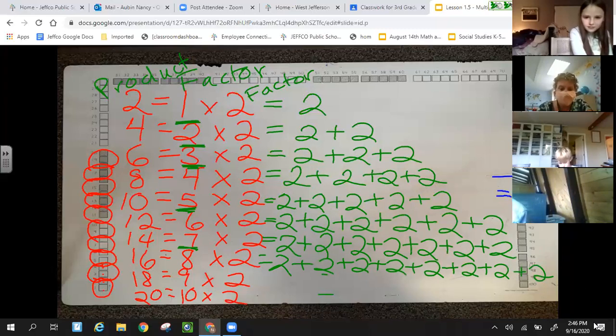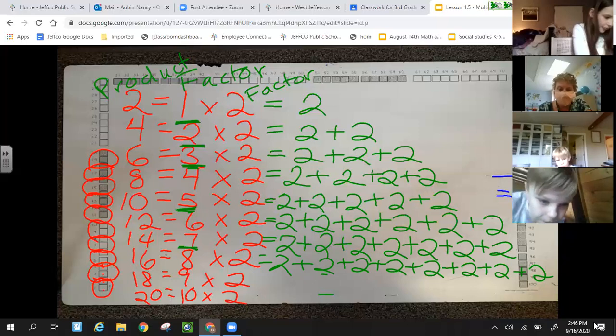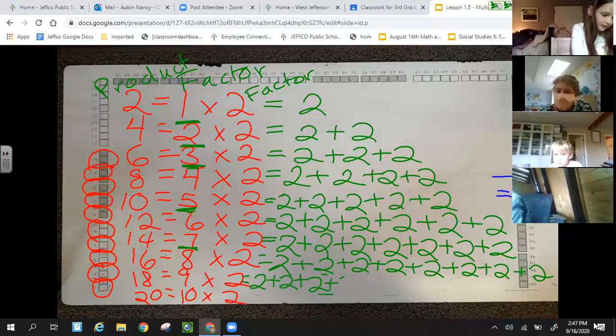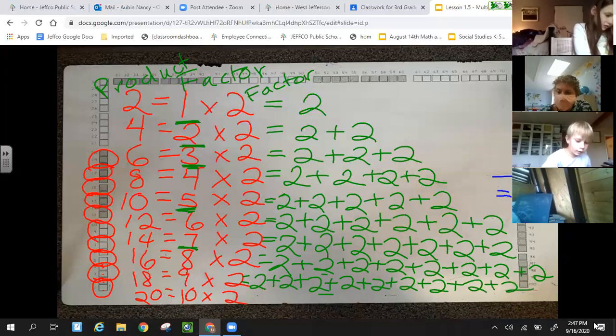If 18 equals 9 times 2, Lucas, how many 2's would I add together to show that repeated addition is the same as multiplication? 9 2's. 1, 2, 3, 4, 5, 6, 7, 8, 9.